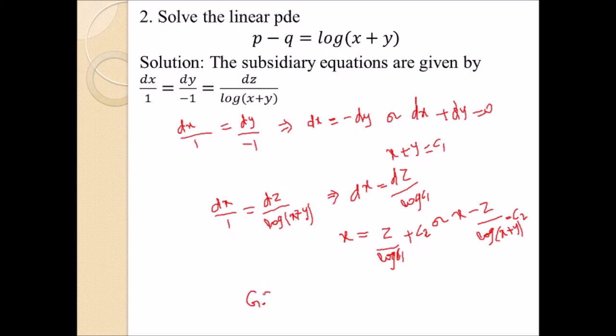The general solution is a function of the first solution, that is x plus y, and the second solution, x minus z by log of x plus y, equals to 0.